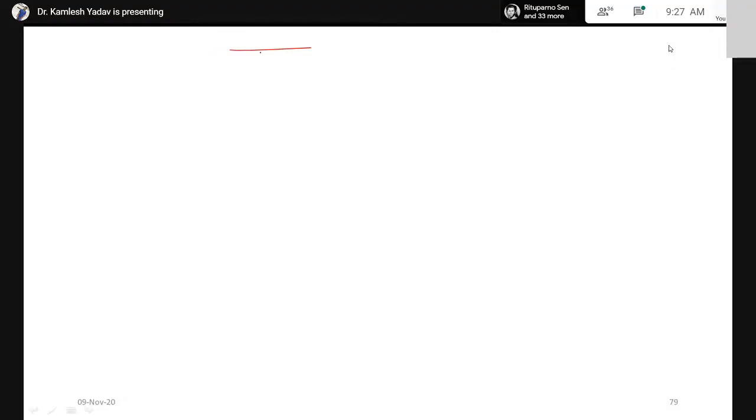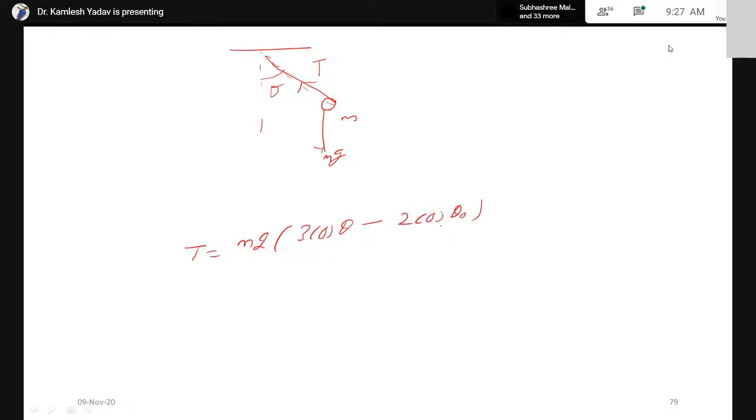Okay, I am writing one result directly, you have to derive it yourself: if we find the formula to calculate the tension, it will be equal to mg(3 cos theta minus 2 cos theta naught). Theta naught is the initial angle from where we started the oscillation, and therefore tension can be written like this.